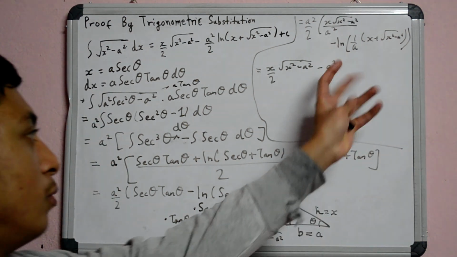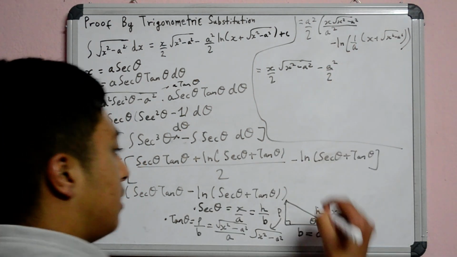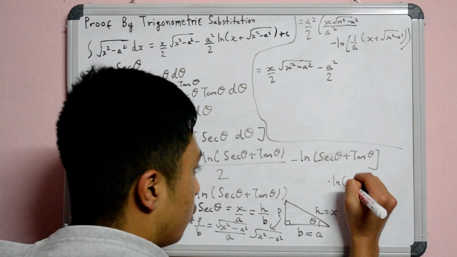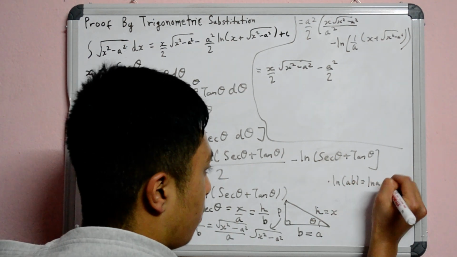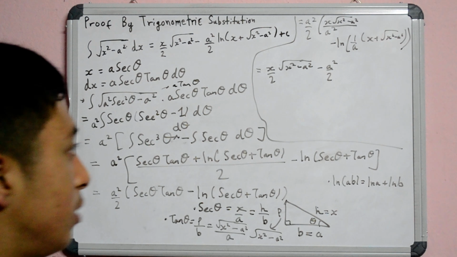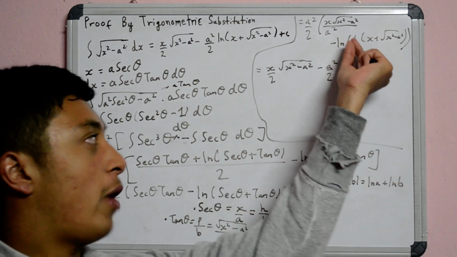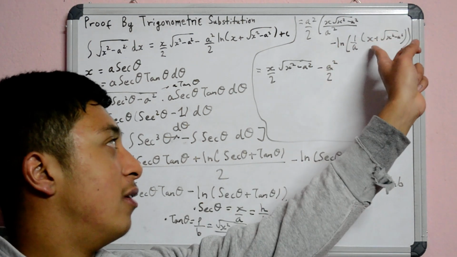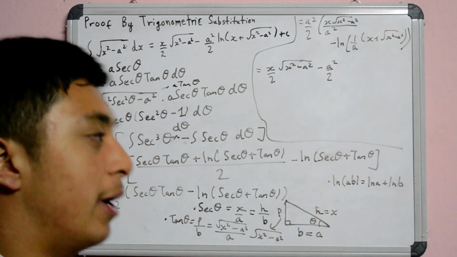Now what you can do is use the log property that ln a into b equals ln a plus ln b, so that we get ln 1 by a plus ln of x plus root x square minus a square.